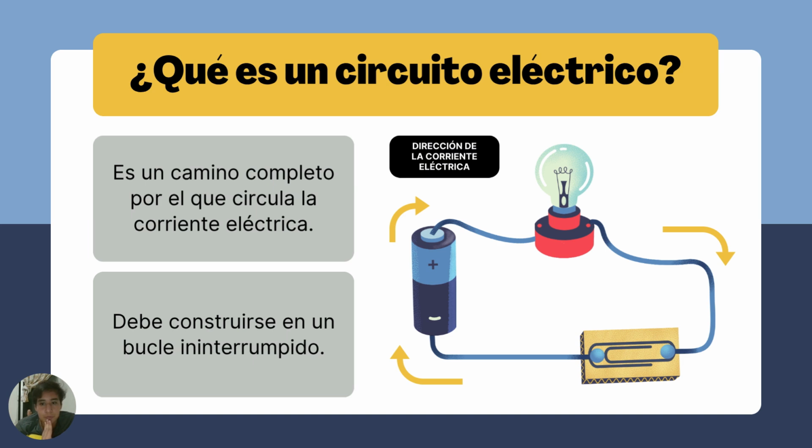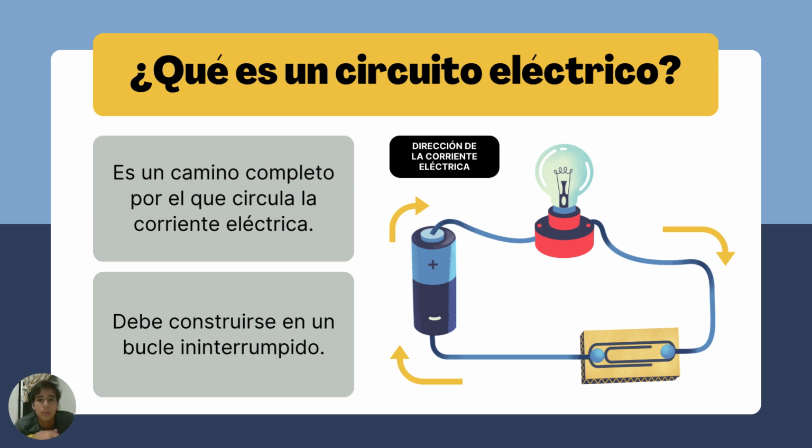For a circuit to work properly, it requires four essential elements, like in this picture. First, the power source. This component provides the voltage, or the force needed to push the electricity.